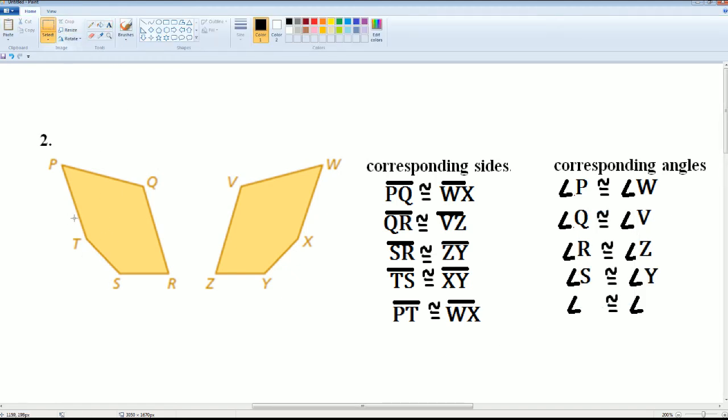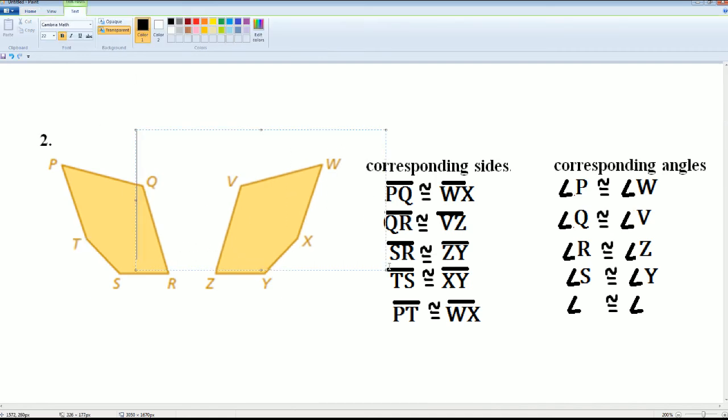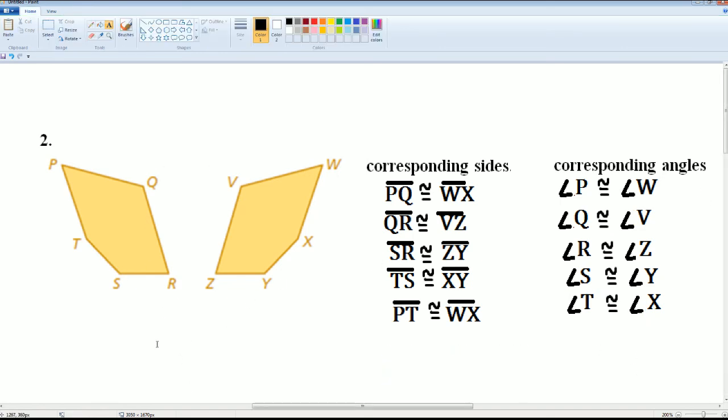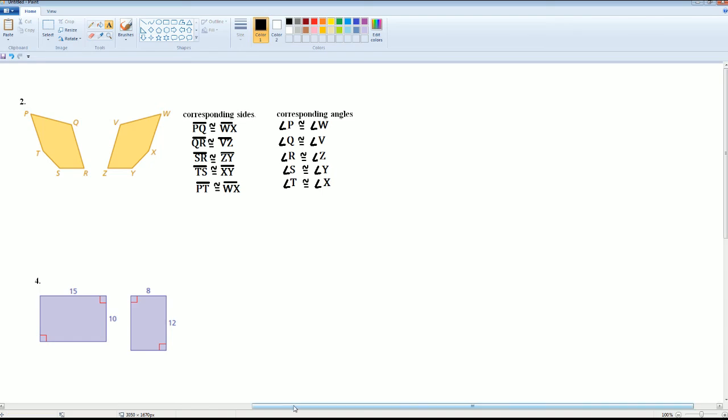And let's see, T is going to match up with that corresponding one. T and X. Good. There you go. Alright, here are your 5 corresponding sides and your 5 corresponding angles. Good? Alright. Let's go to the next one.